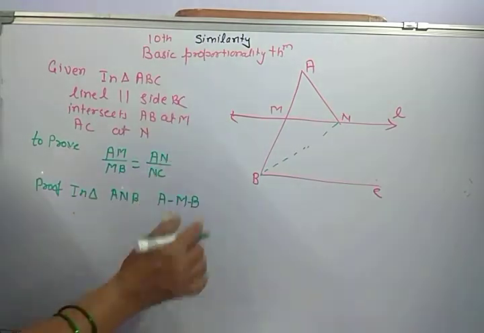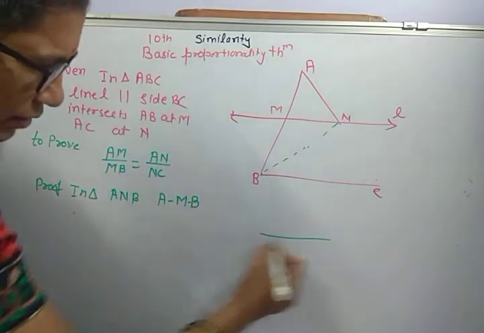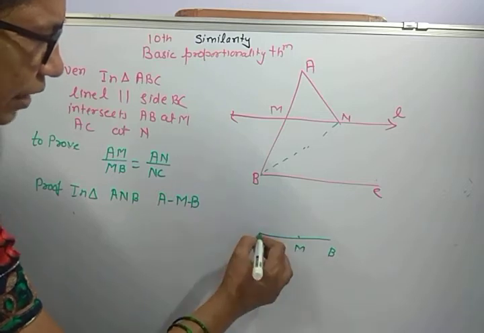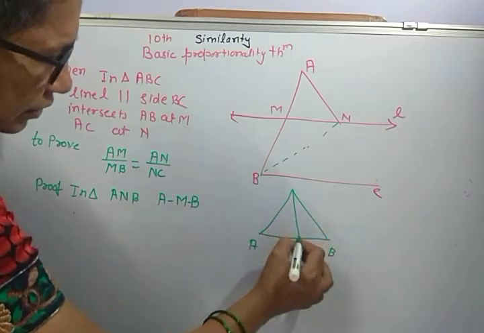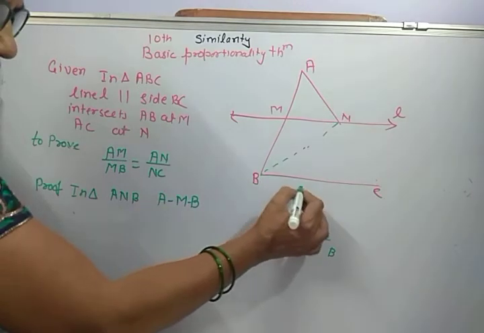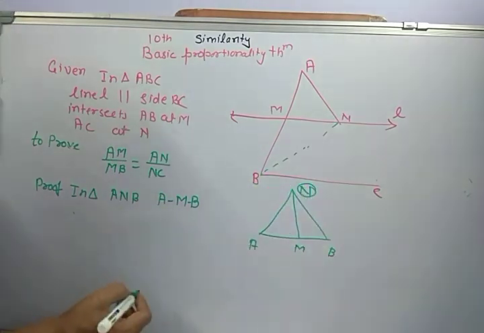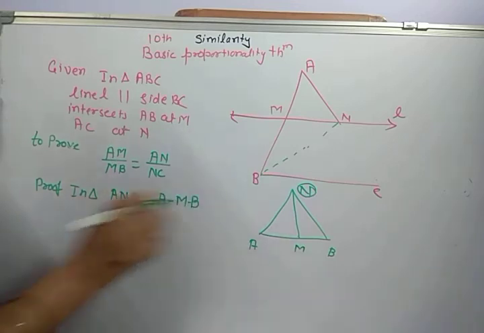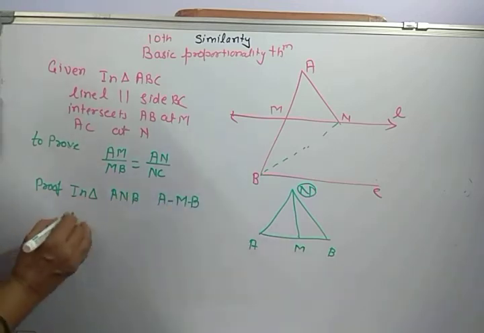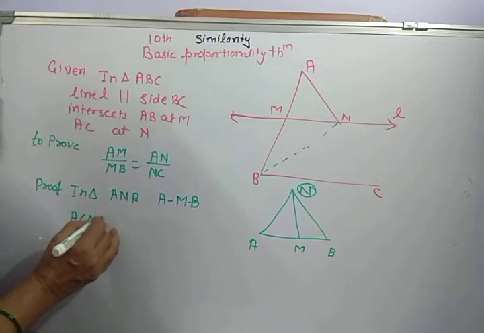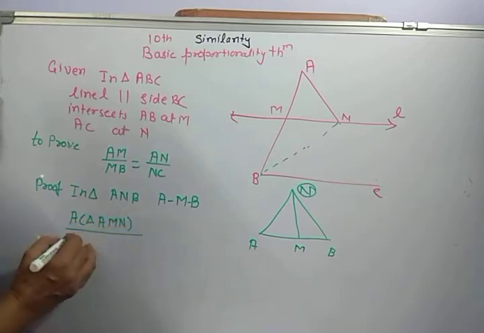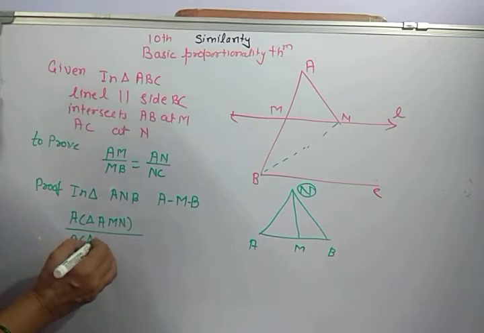If we rotate the figure, it will look like this: A, B, somewhere M, and like this. Now, in such a figure, N is the common vertex. Therefore, as N is the common vertex, what can we say? Area of triangle AMN upon area of triangle BMN.